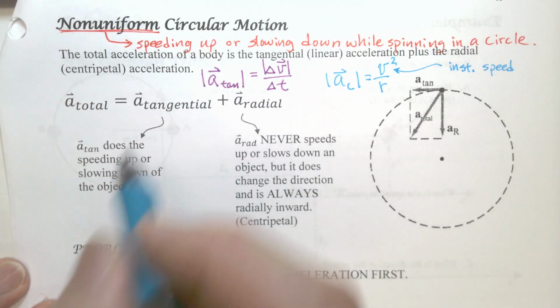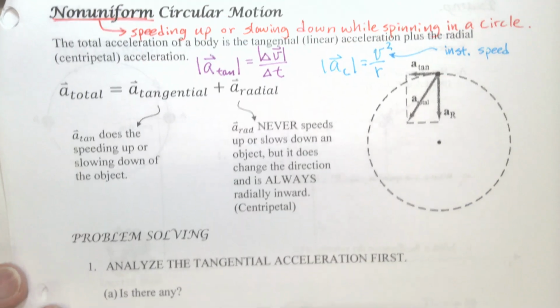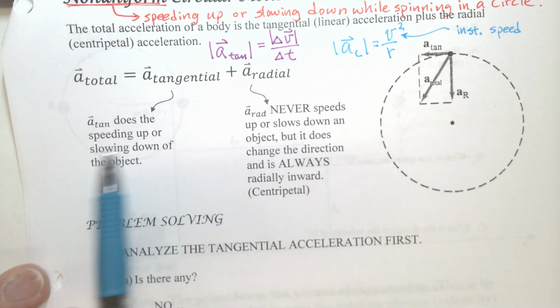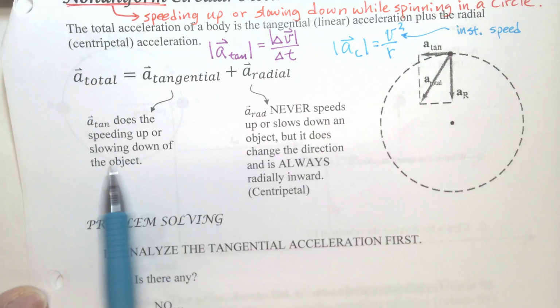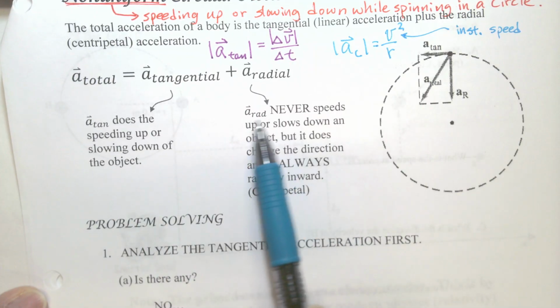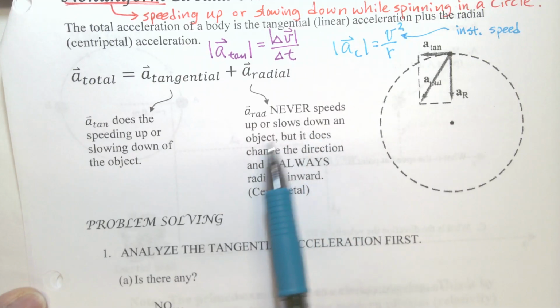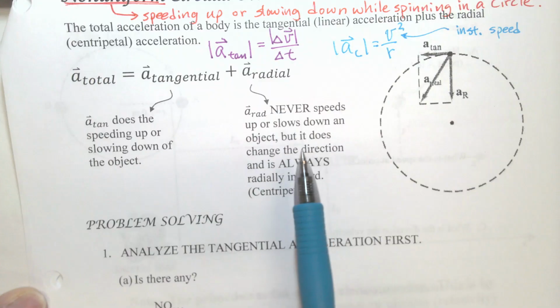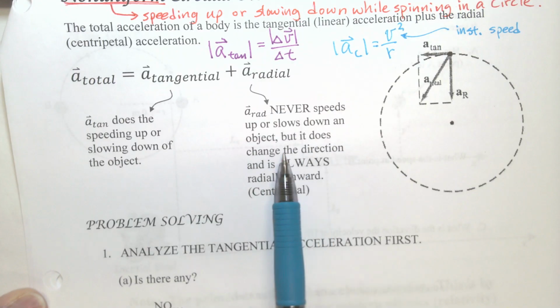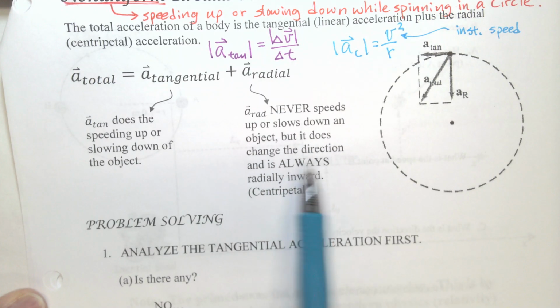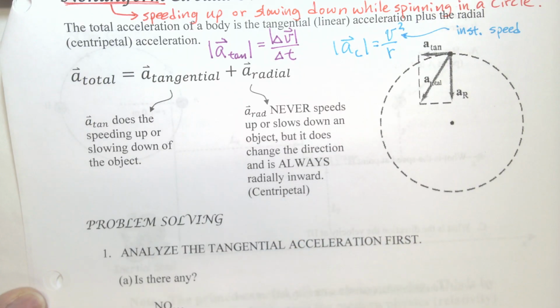So this tangential acceleration does the speeding up or slowing down of the object. The radial acceleration never speeds up or slows down an object, but it always changes the direction of the object radially inward, right? That's the centripetal.